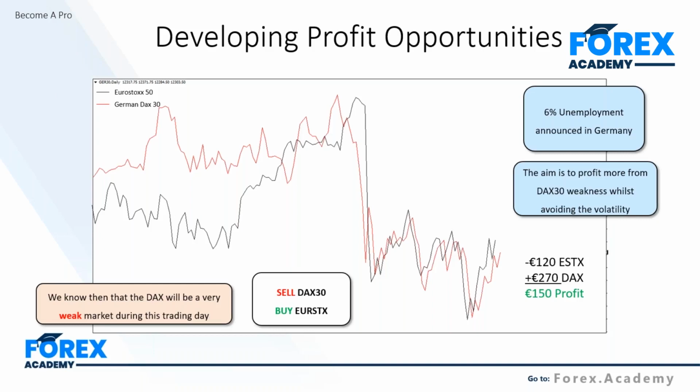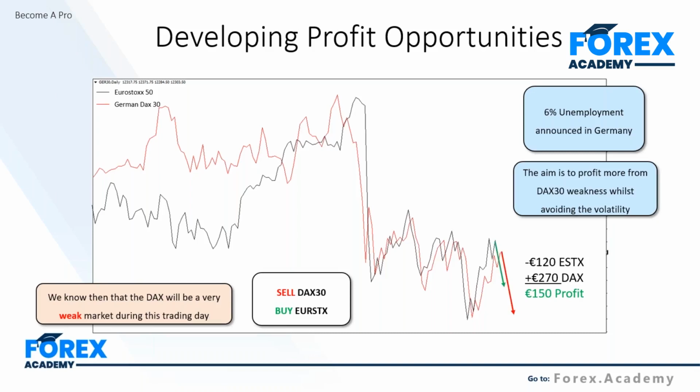So let's say there is some weak price action during the morning session, but then the markets are very strong for the US Open, and the markets actually start to trade up, and they both finish on respective medium highs for the day. Well, effectively, because you have mitigated that risk, the one that you have decided to go long, in this example the Euro Stoxx, is going to outperform the DAX because the DAX is weaker. So you're avoiding all that volatility in the markets and you're trading the weakness in the DAX.